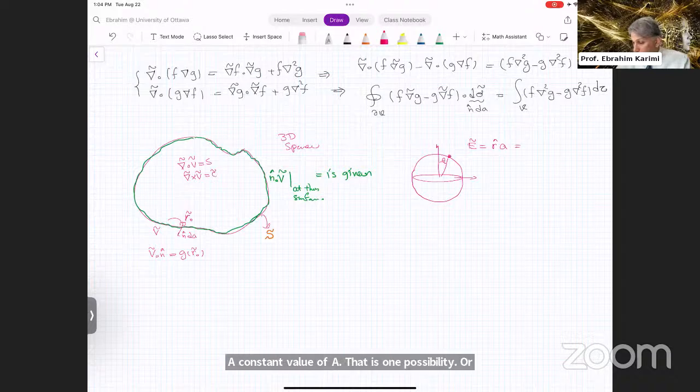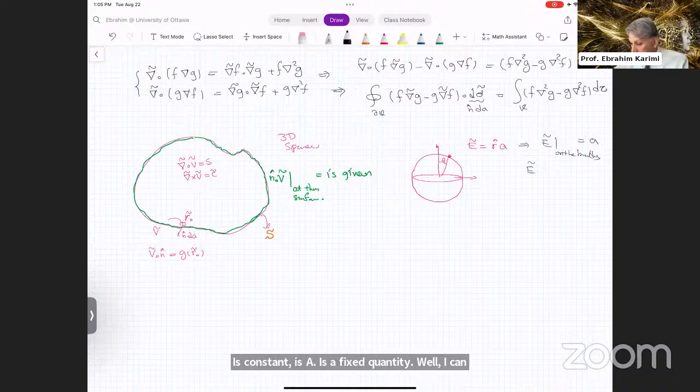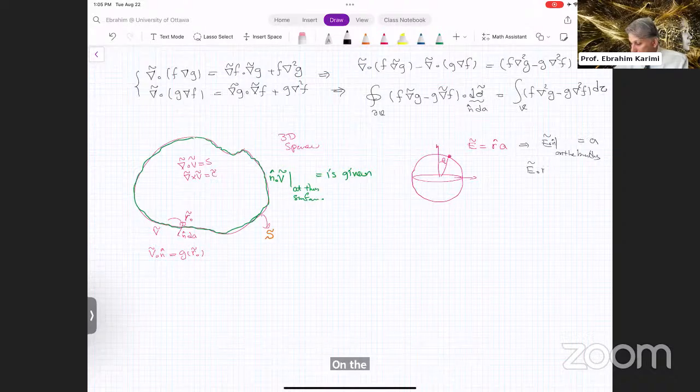Or I can tell you that it is given by cosine of theta, where theta is this angle.